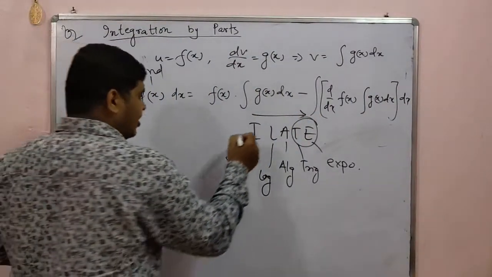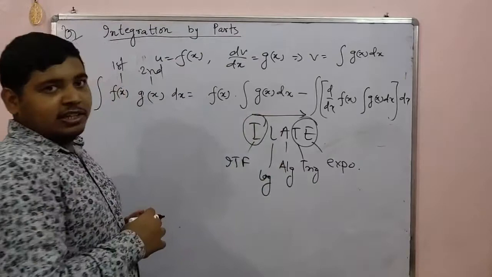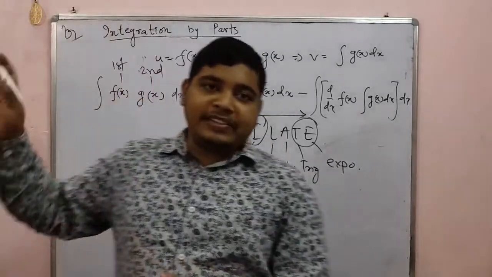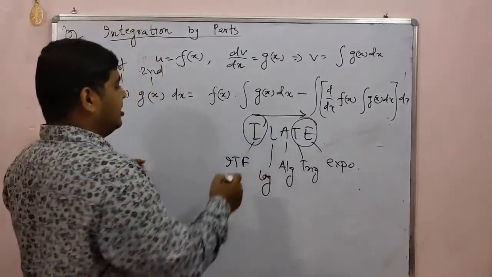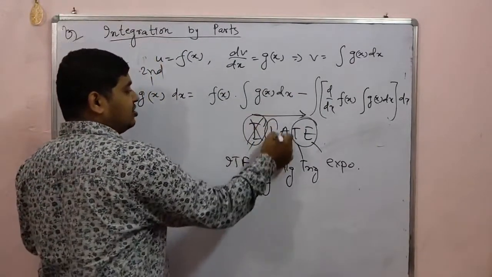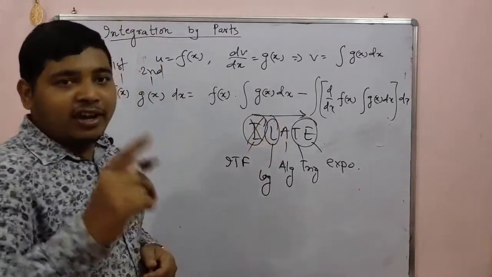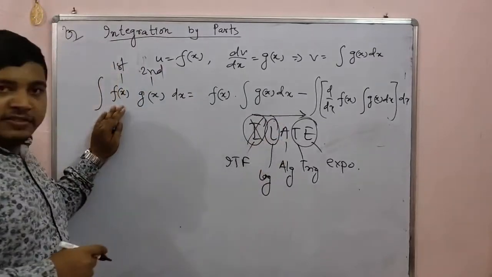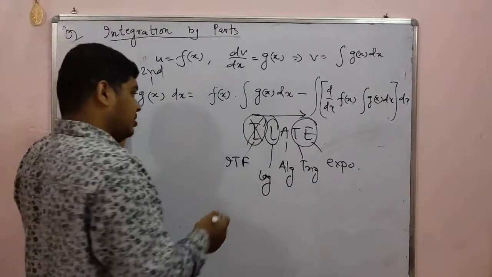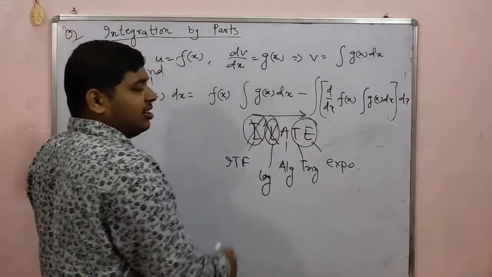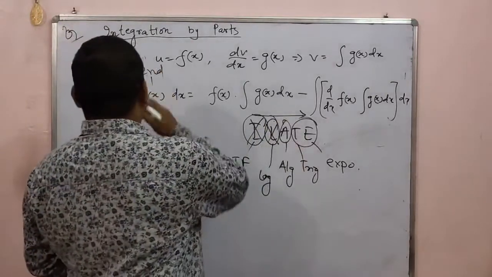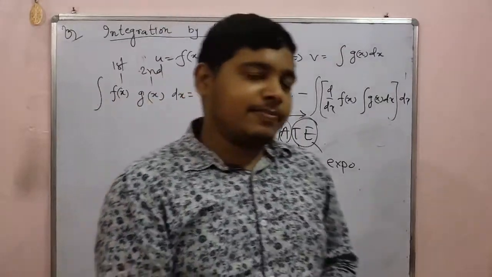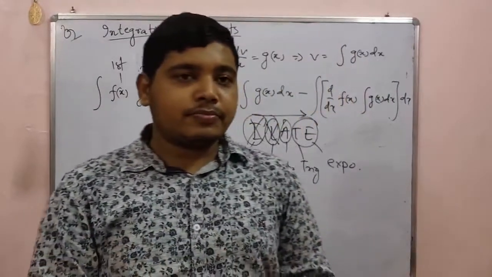If inverse trigonometry is there, we first choose it as f of x. If inverse trigonometry is not there, we choose the logarithmic function as the first function. If the logarithmic function is not there, we choose the algebraic function as the first function, and so on.